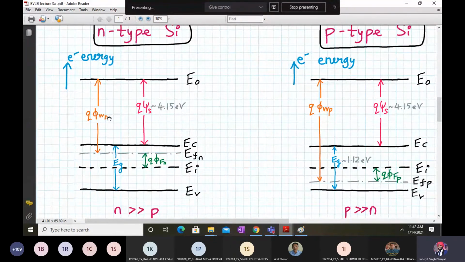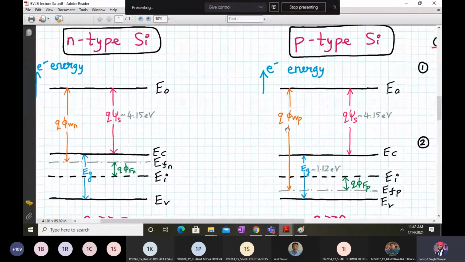We talked about work function potential in the last lecture. Similarly, for P-type silicon, the work function potential is Q into phi Wp. As you can see, they are different.